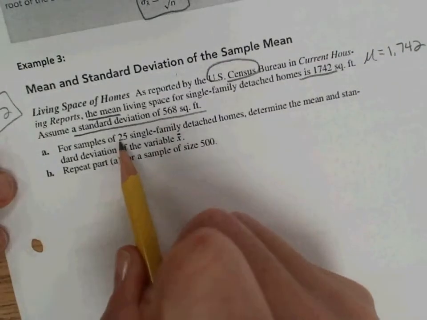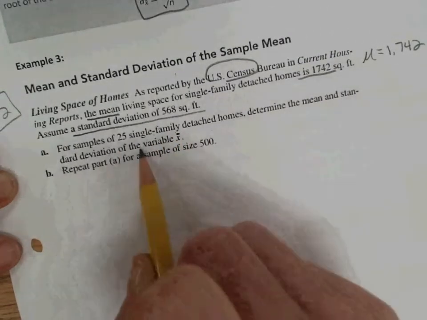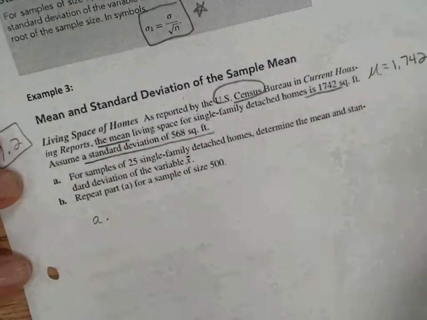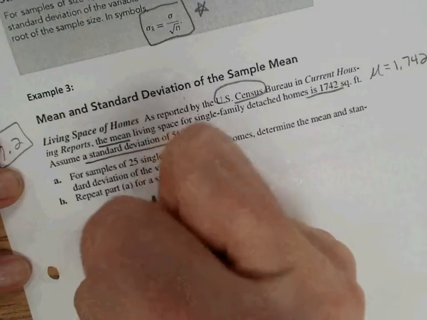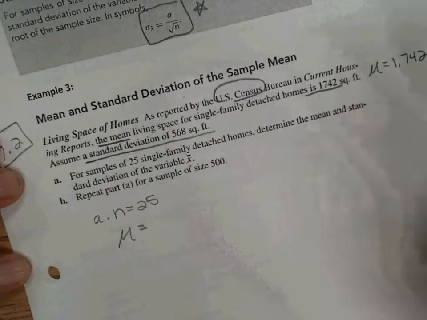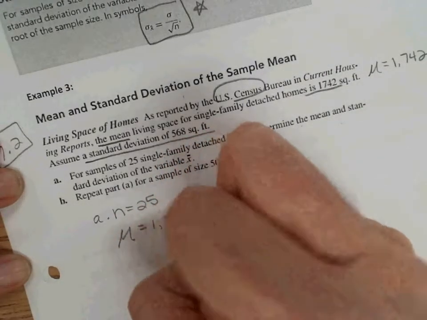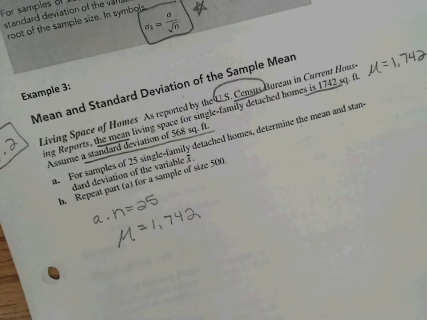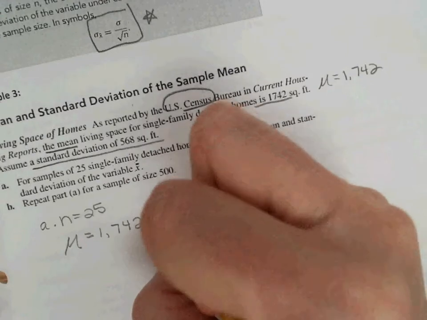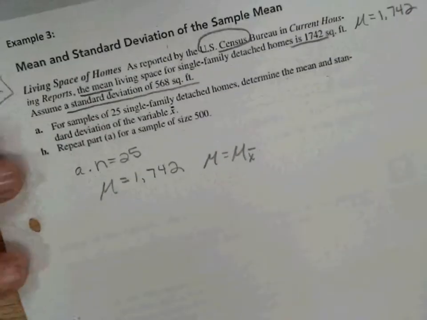A says, for samples of 25 single-family detached homes, determine the mean and standard deviation of the variable x bar. So for A, I know n equals 25. Mu, the mean, we already know is 1,742, since our mu and our mu sub x bar are equal.